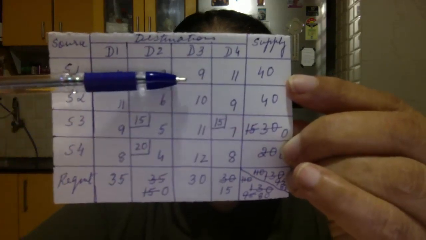So we will give here 30. So S1D3 will get 30. S1 supply, strike off 40 and make it 10. And D3 becomes eliminated because it is 0. And your total becomes 50.